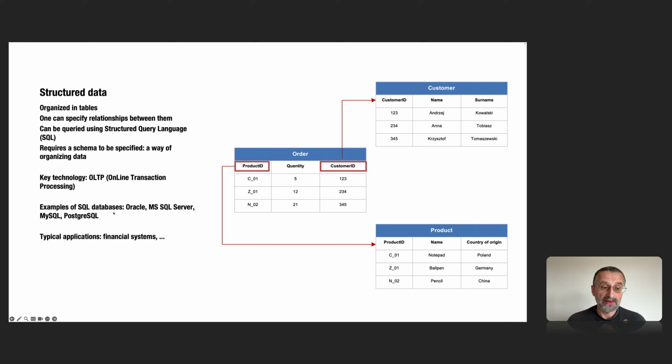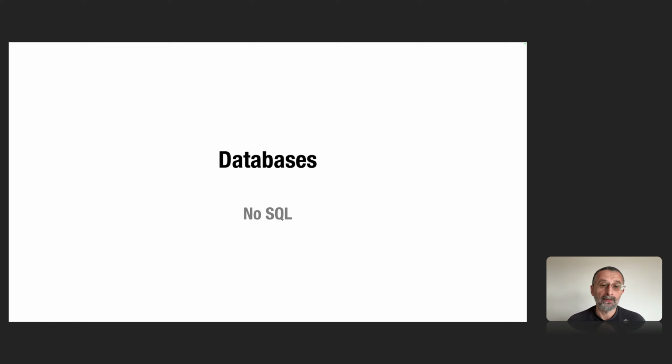Examples of the SQL databases are Oracle, Microsoft SQL Server, MySQL, PostgreSQL, you know, plenty of them. Typical applications are transaction systems, financial systems, etc. Once again, the key point is this technology, OLTP, which is not always the best one, which we will see in a few screens from now.